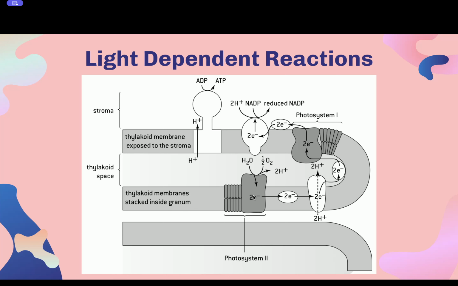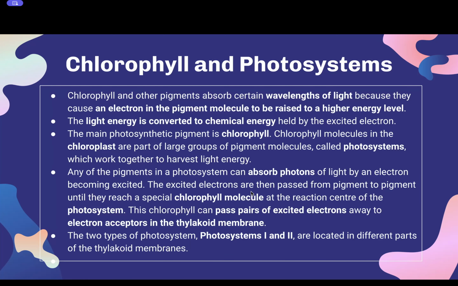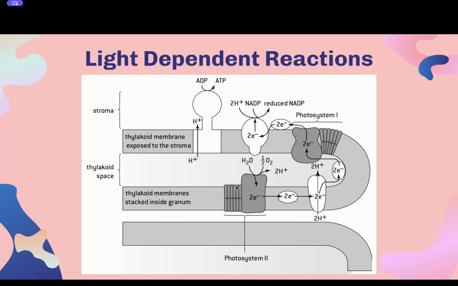And then from photosystem 2, the electrons reach the reaction center. Sorry, I literally talked about this just now and then I forgot the name. Because of the chlorophyll, the electrons get passed on through the membrane proteins.